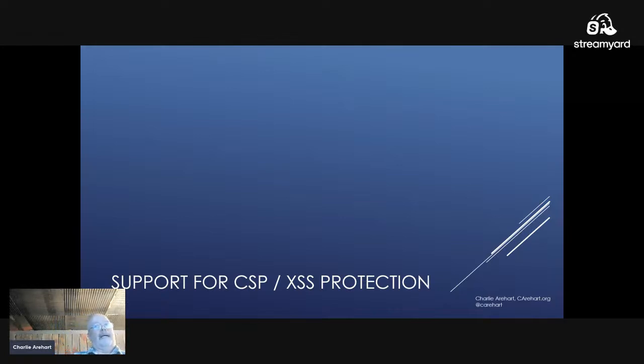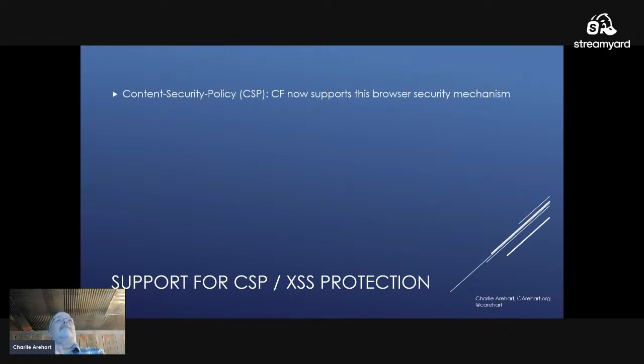ColdFusion 2025, in February of 2025, added support for CSP or XSS protection. So far, everything we're talking about is what was new with 2025, not any update. So what's CSP? CSP is Content Security Policy. It's a generally accepted browser security mechanism supported by most of the modern browsers for some time.